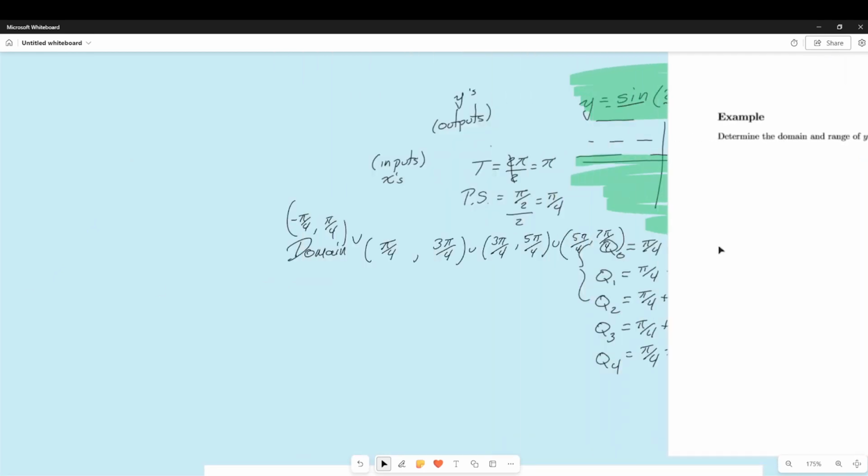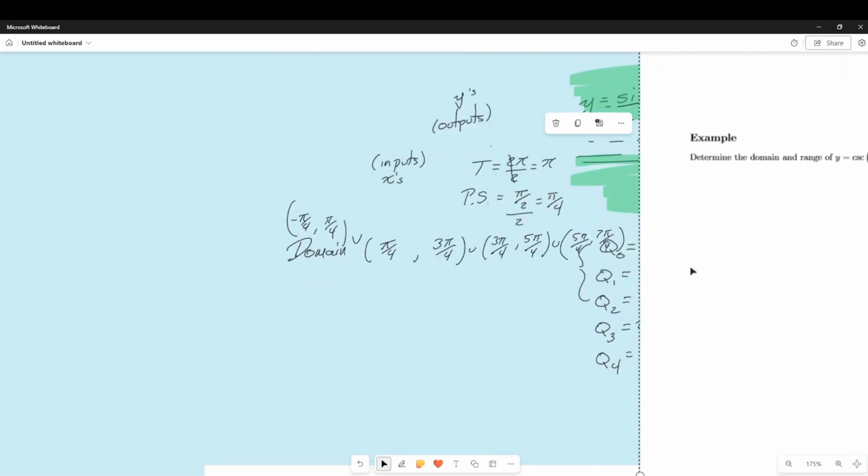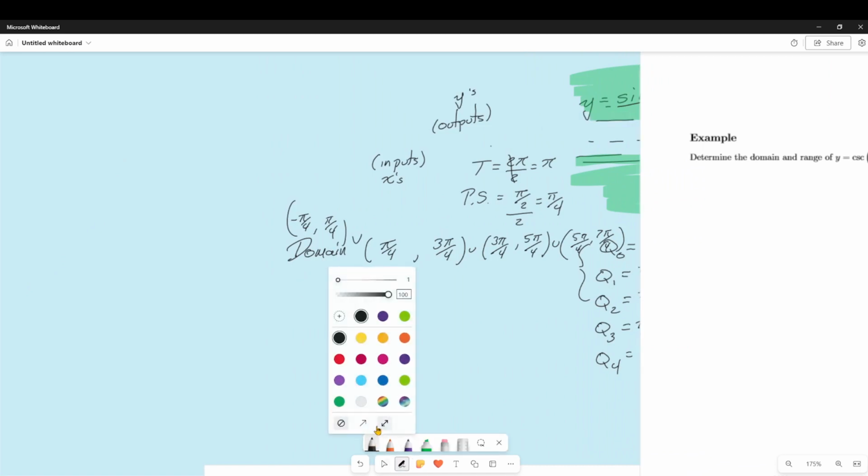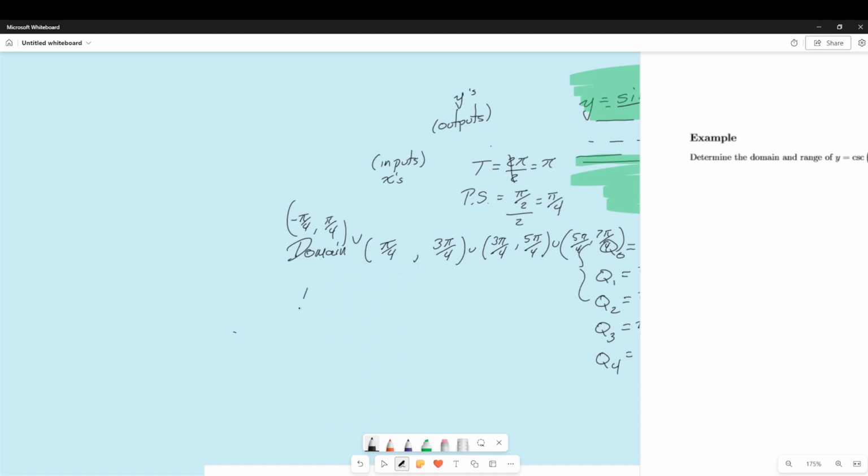So really the best way to write this domain is that the domain is all real numbers except pi over 4 plus k times pi over 2.